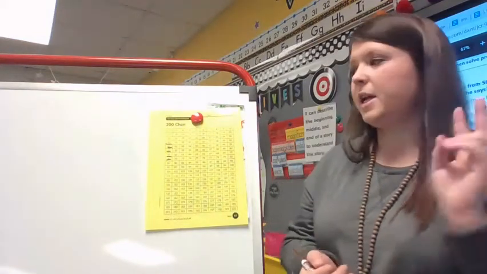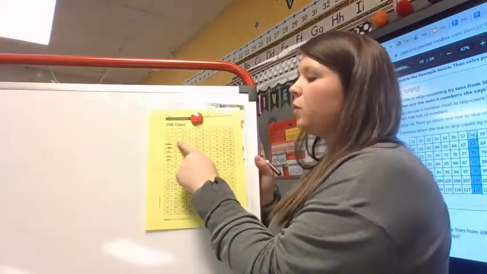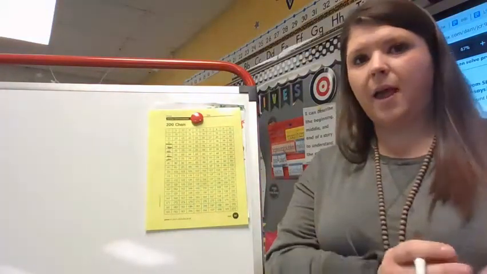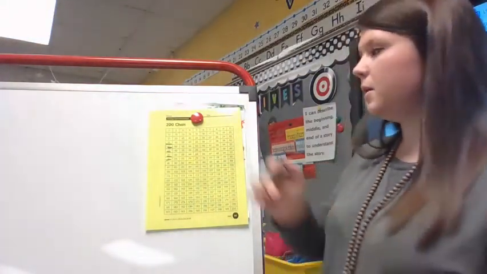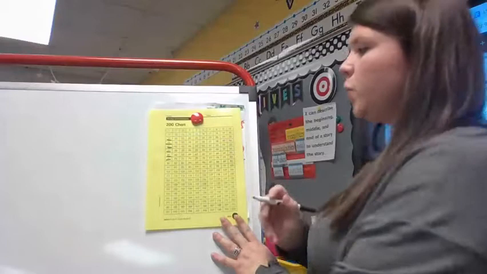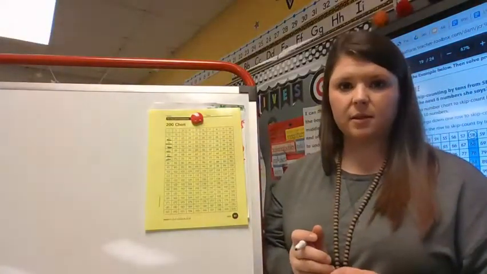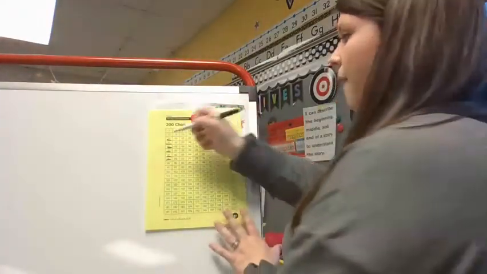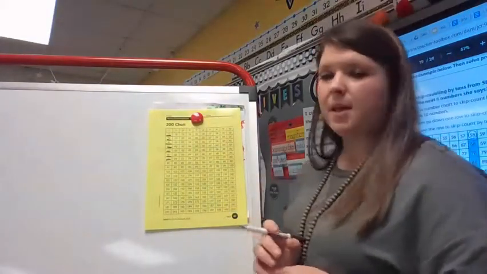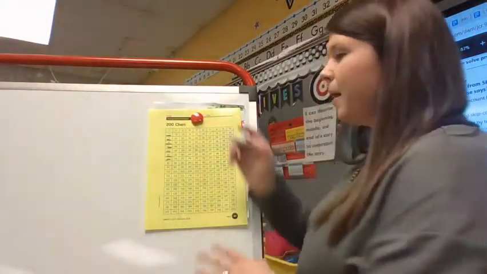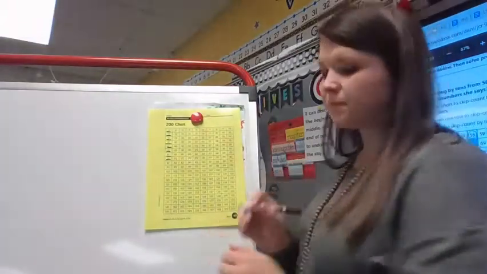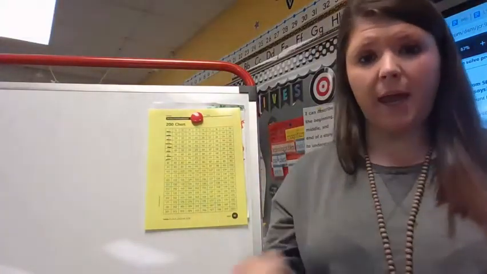It goes backwards, doesn't it? 5, 4, 3, 2. So if we're at 31, what's 10 less? 21. If we're at 21, what's 10 less? 11. If we're at 11, what's 10 less? 1. Great job, guys.